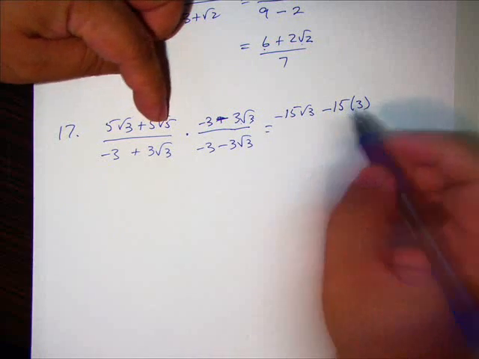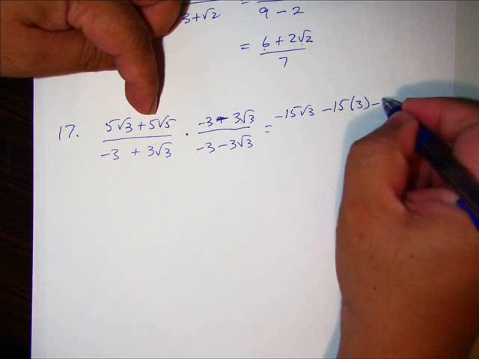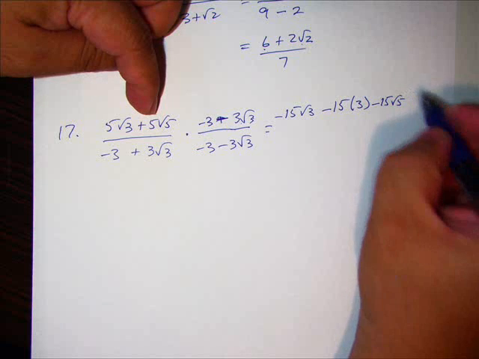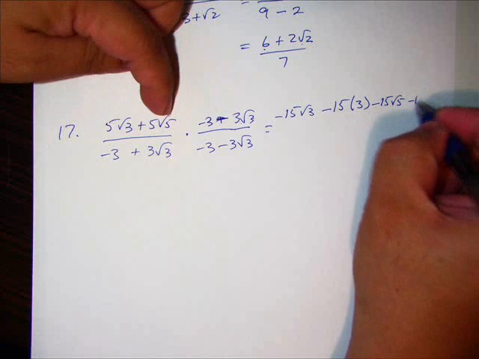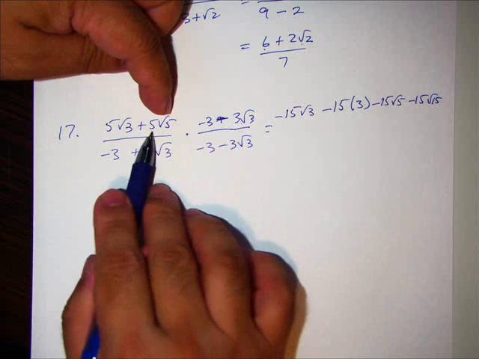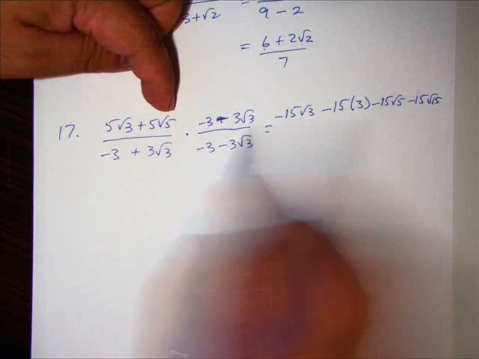Now I'm going to multiply 5 root 5 with these two, making this minus 15 root 5. And minus 15 root 15: the outside one, 5 times 3, 15, and the inside one, 5 times 3, 15.